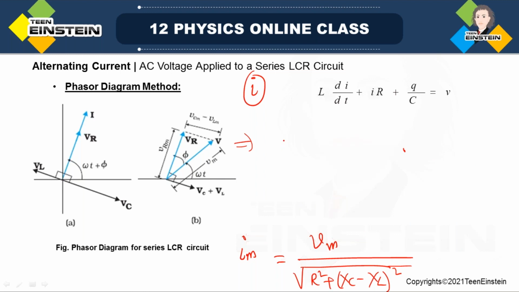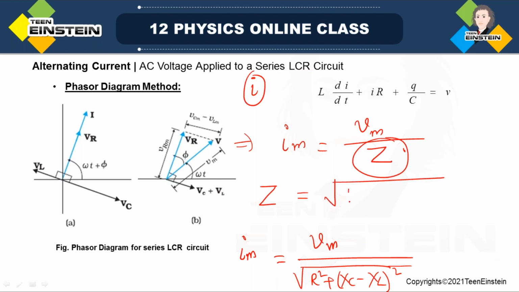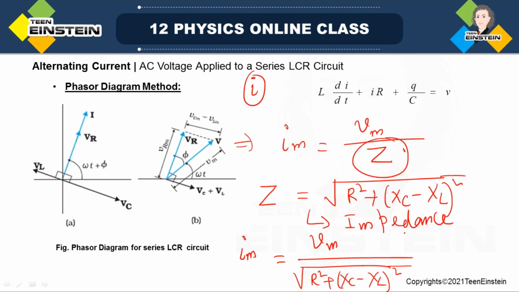So Im is equal to Vm by Z, where Z is under root R square plus Xc minus XL whole square. This is called impedance. What do you mean by impedance?